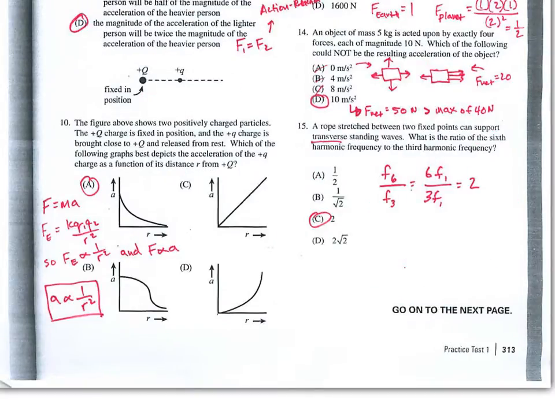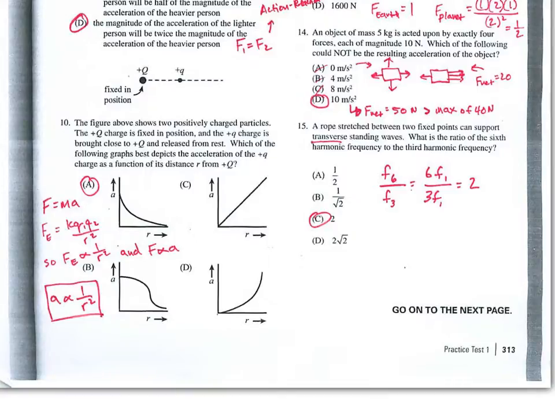For number 10, we have to think about force as electrostatic force, kQq over r squared, but we also can't forget Newton's second law, that F equals mass times acceleration, since really these graphs are comparing the acceleration versus the radius, how far we go away. So because of those relationships, we see that Fe is proportional to the inverse radius squared, and F is proportional to a from Newton's second law.